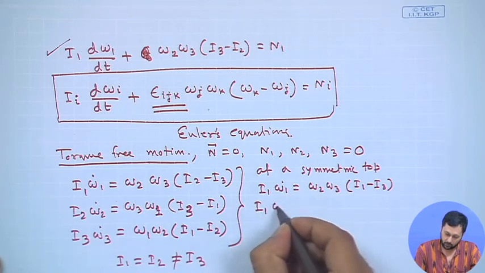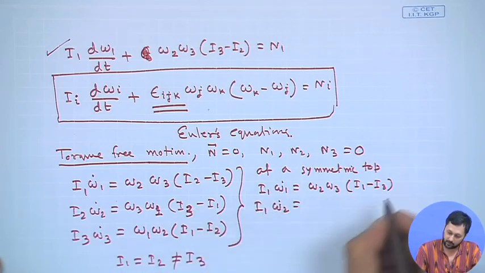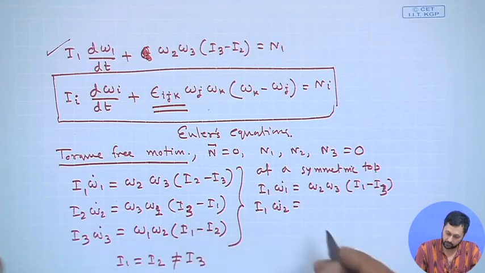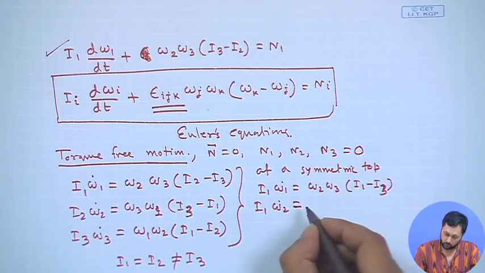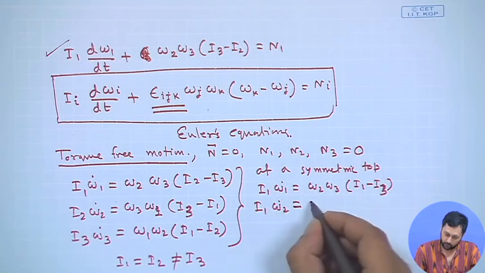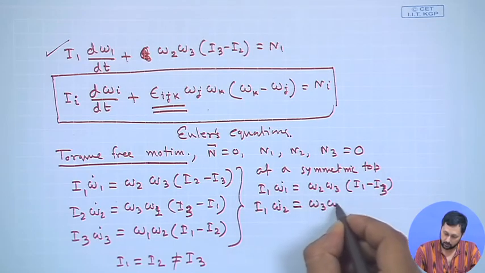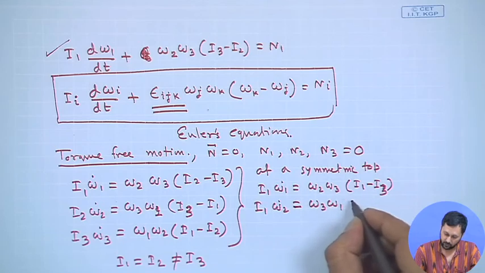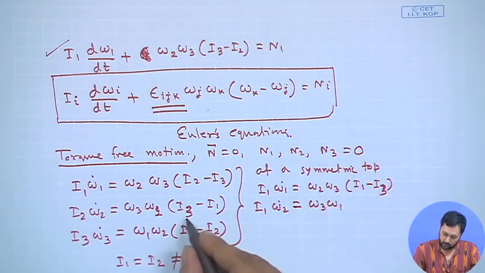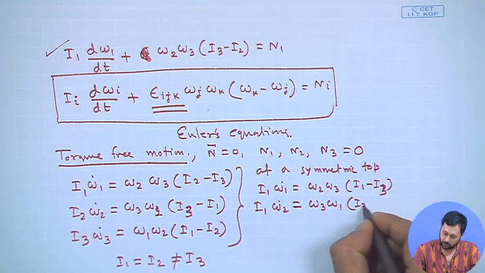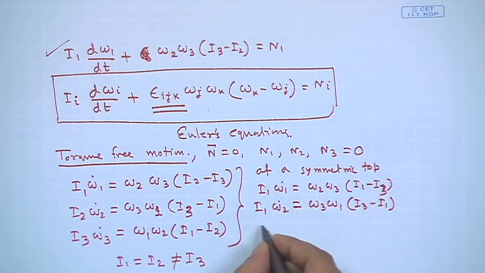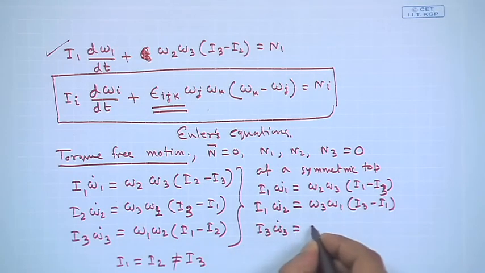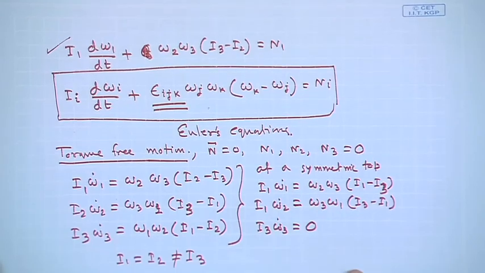So, I1 omega 2 dot will be omega 3 omega 1 (I3 minus I1), and the third equation simply gives you I3 omega 3 dot is equal to 0, right.